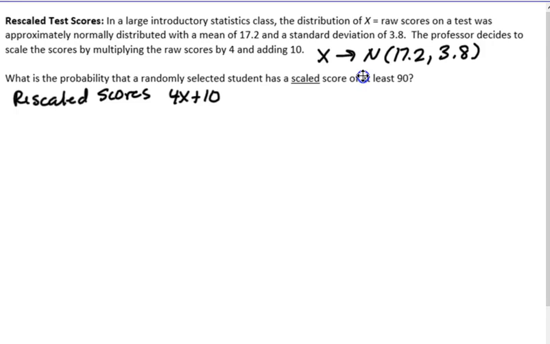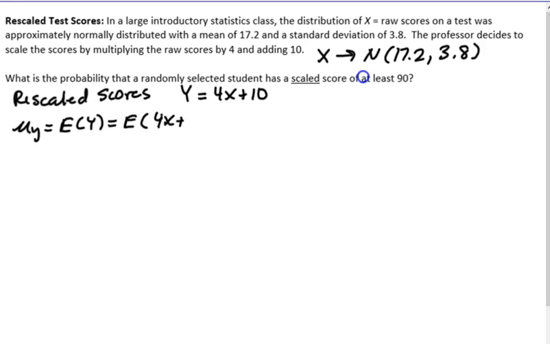So for our rescaled scores, actually, let's call the rescaled scores y, so y is equal to 4x plus 10. Then the mu of y, or the expected value of y, is the expected value of 4x plus 10.